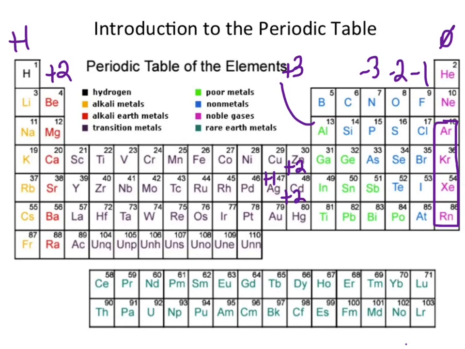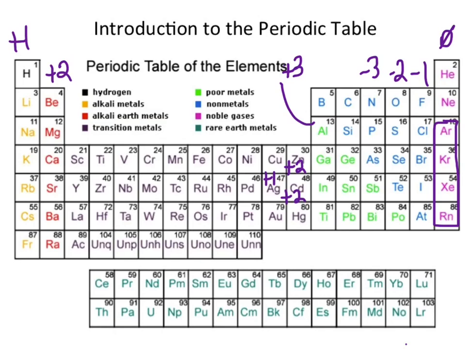We're going to talk about that. And then we know that aluminum has a +3. So if you see the stair step, aluminum, zinc, silver: 3, 2, 1. And since cadmium's under zinc, we make it a +2. Okay?